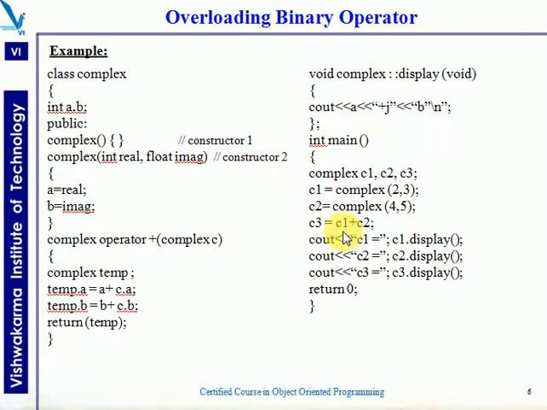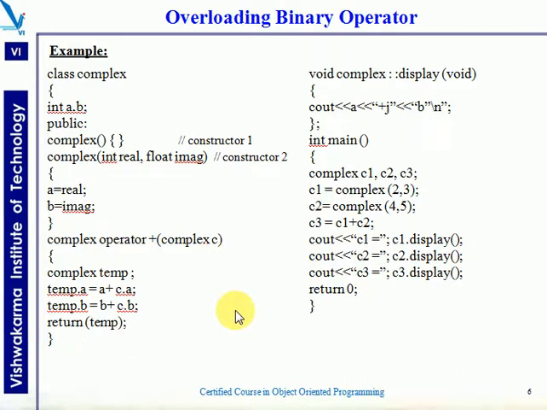C1 takes the responsibility of invoking the function, and C2 plays the role of an argument that is passed to the function.